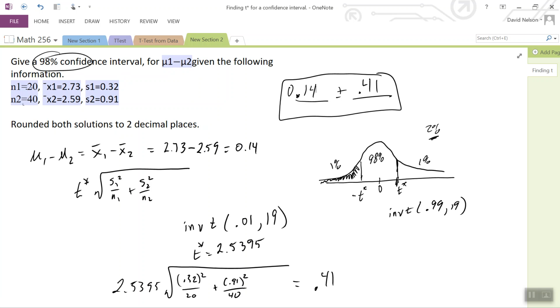I'm seeing a difference in those two sample means, but because my confidence interval goes both positive and negative, I'm going to say that there's probably not a significant difference. It could go either way. There's not a big enough difference between those two to say that it's significant.